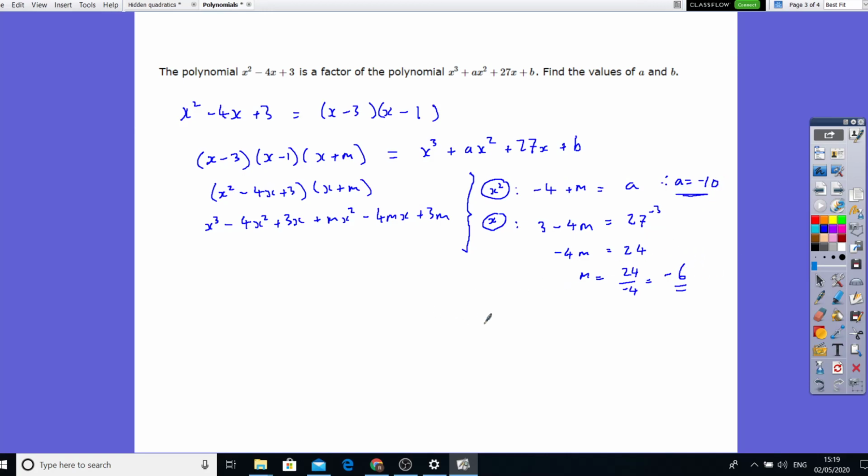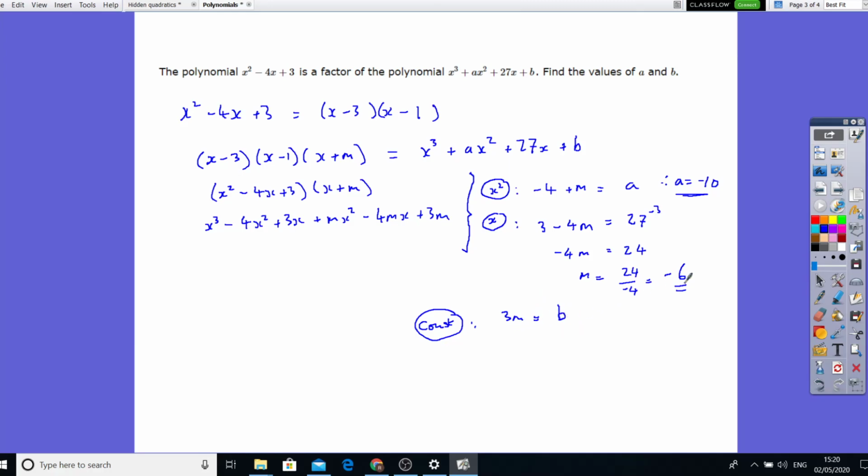Alright, and now we're going to just match up the constants. What are the constants here? It's just this one, which is 3m. And on here, the constants is just b on this side.